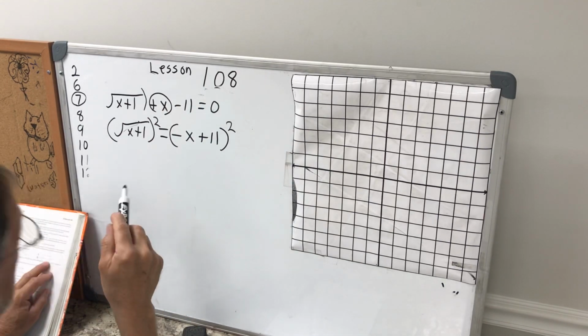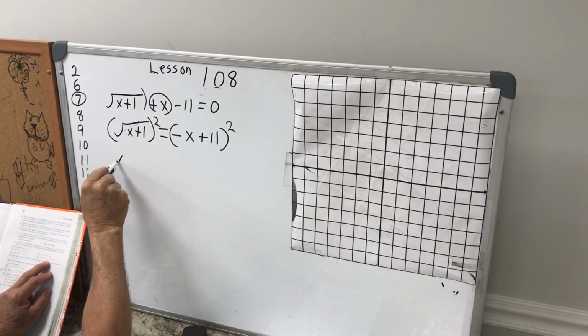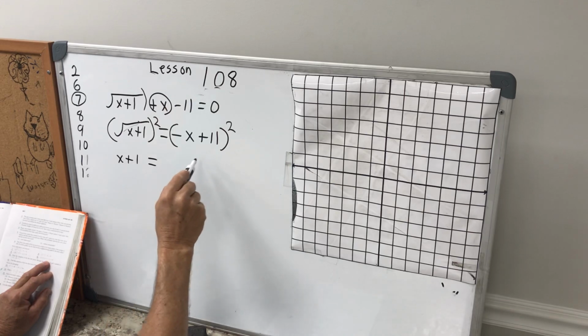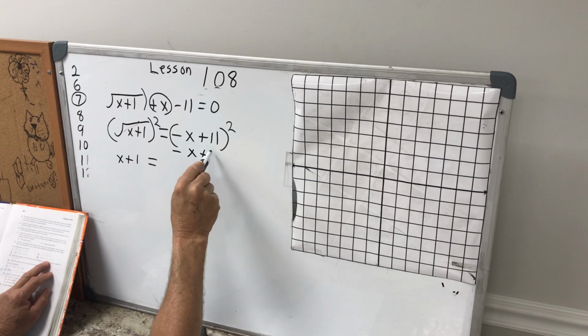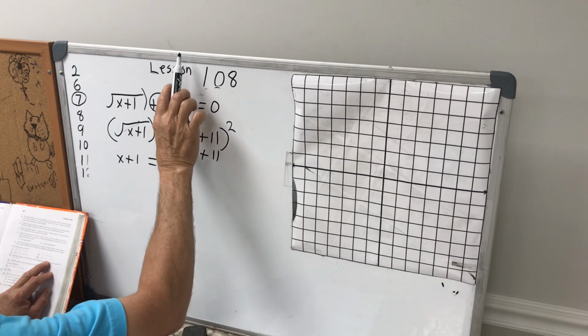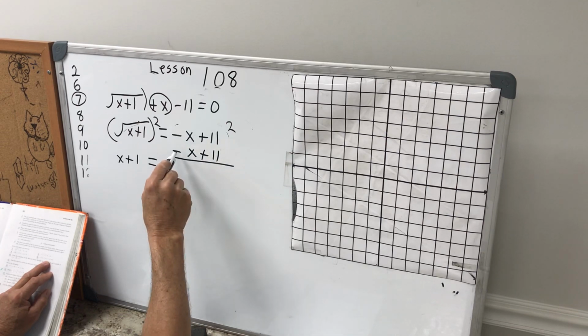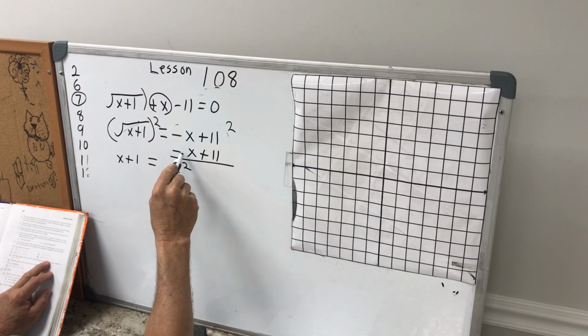Square that. The square of this is, pull it outside of the sign, x plus 1 equals this one we must square. And this is where we begin to get into some intense watching of your numbers. Squaring this, negative x times negative x is a positive x squared.